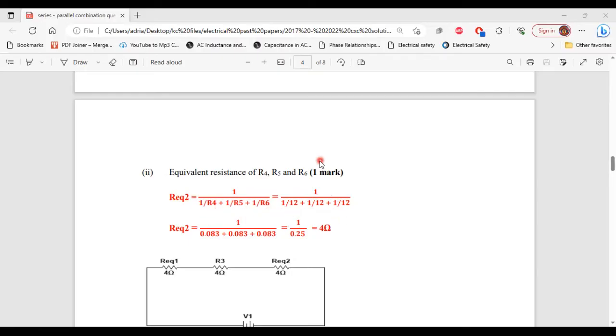That will give us 1 all over 1 divided by 12 plus 1 divided by 12 plus 1 divided by 12. That will give us 1 divided by 0.083 plus 0.083 plus 0.083. That will give us 1 divided by 0.25. And that will give us 4 ohm.